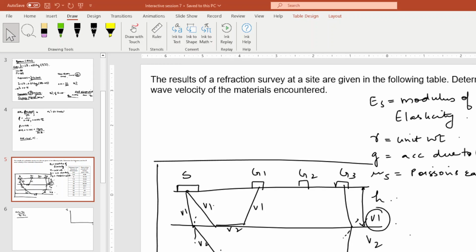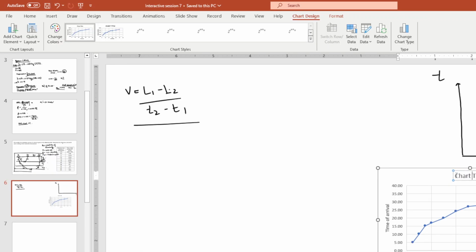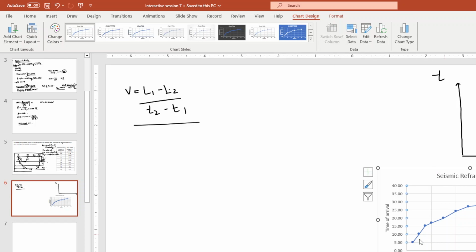Is this visible? Anita, is this visible? Okay, so this is what you will get. As you can see, there are almost three layers. This is one, two, three is not visible.